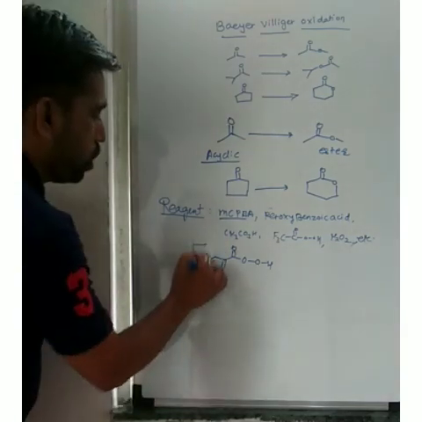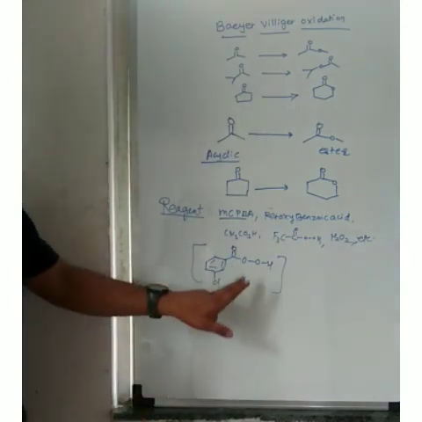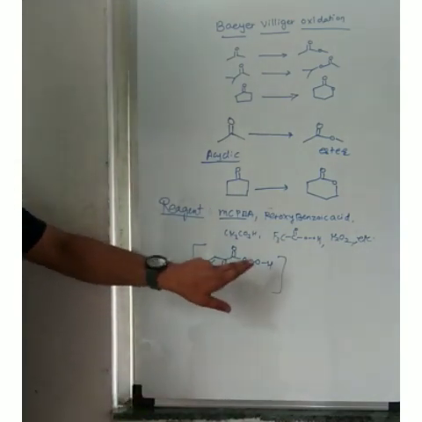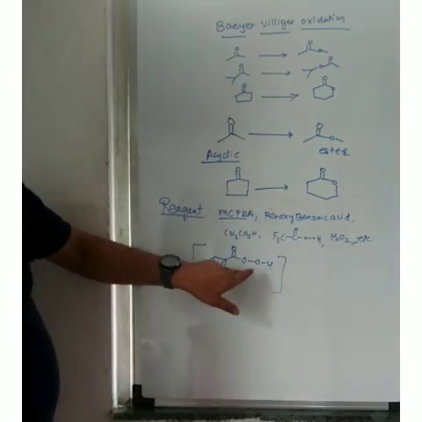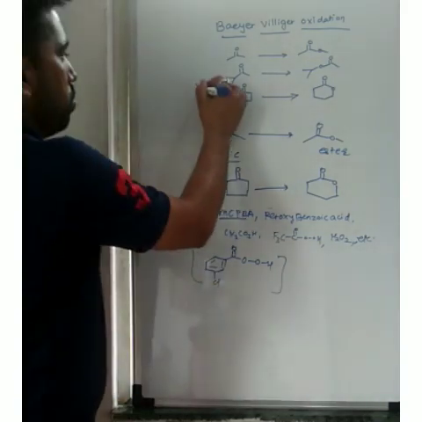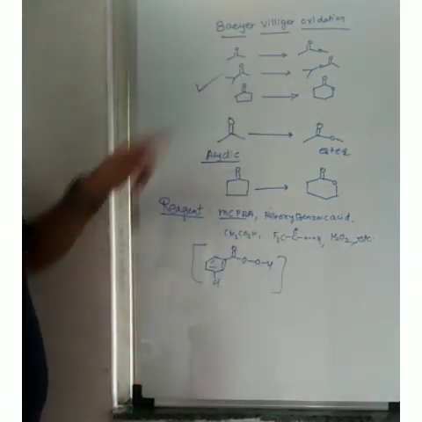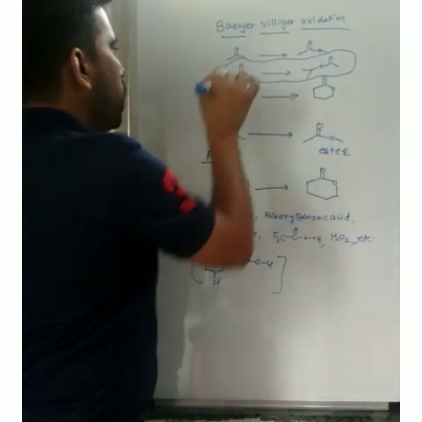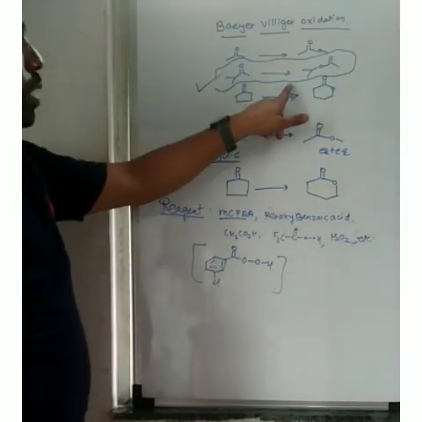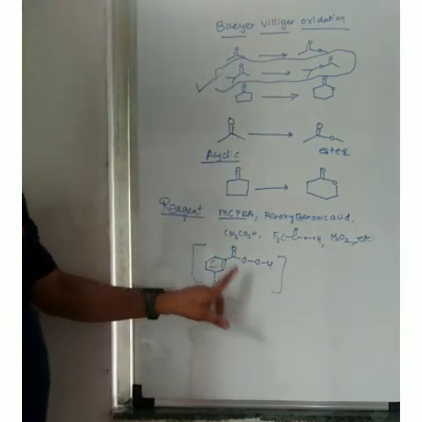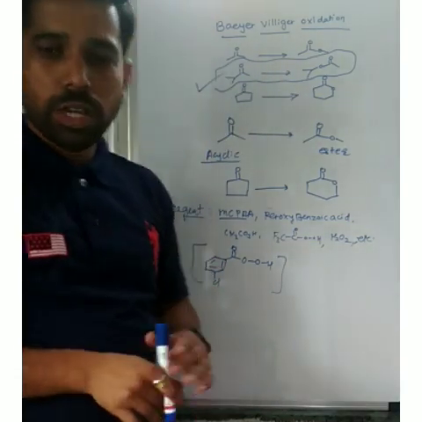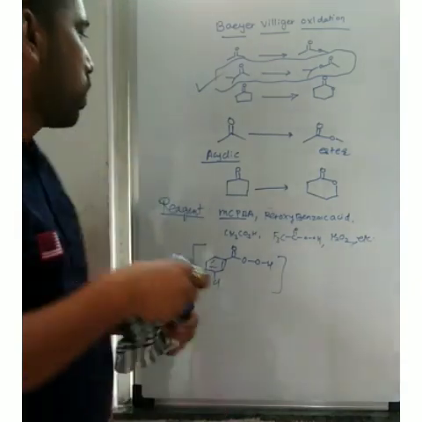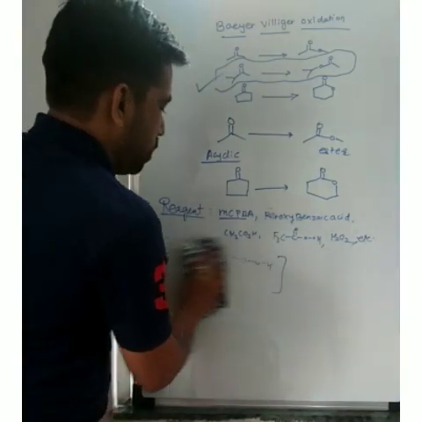This is the structure for metachloroperbenzoic acid. Now, using metachloroperbenzoic acid, we see this transformation with mechanism, that is, unsymmetrical ketones on Baeyer Villiger oxidation. Let's see the mechanism for this reaction.